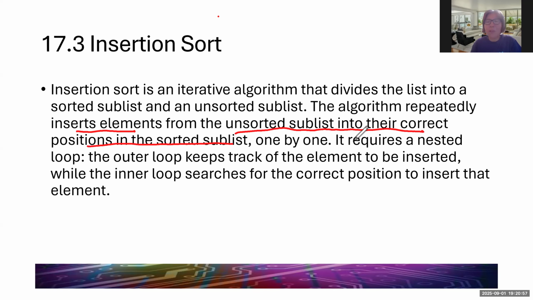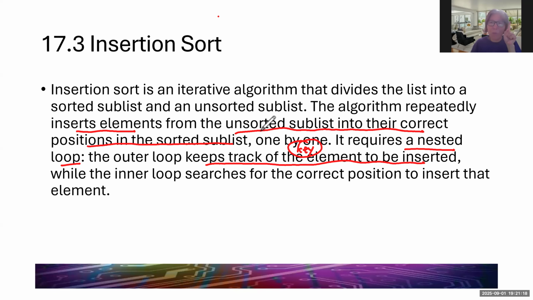Because of this, it also needs a nested loop for the implementation. The outer loop keeps track of the element to be inserted. Basically, this element we call a key. So keep that in mind, key.